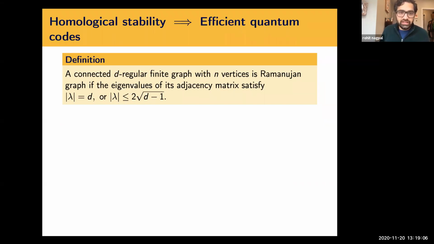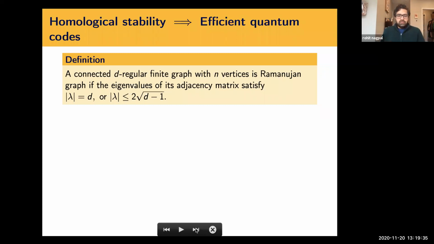If you have a d-regular graph with n vertices, it's Ramanujan if it satisfies this spectral condition that its eigenvalues are either plus or minus d, or their magnitude is smaller than 2 square root of d minus 1. I'm going to say why they are important later.